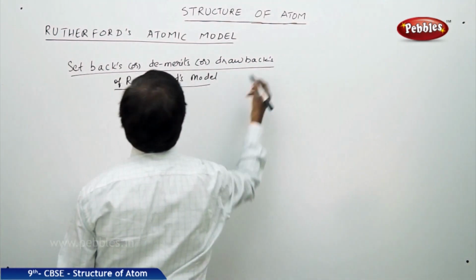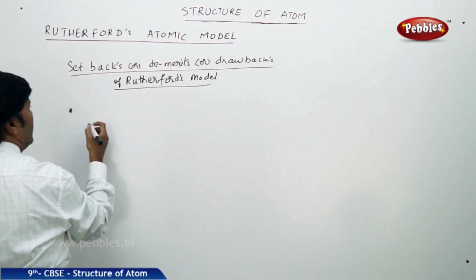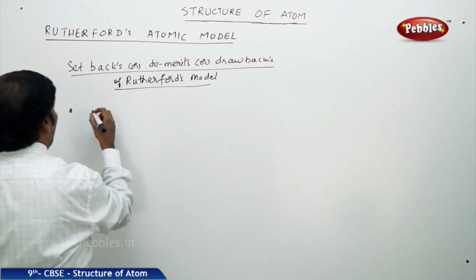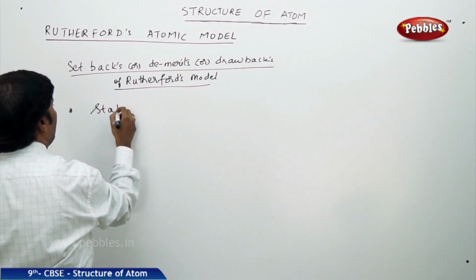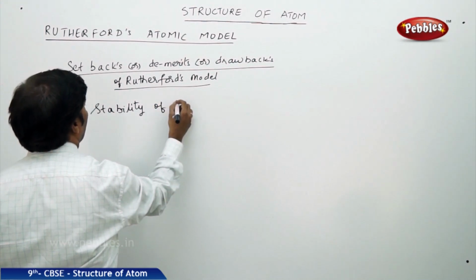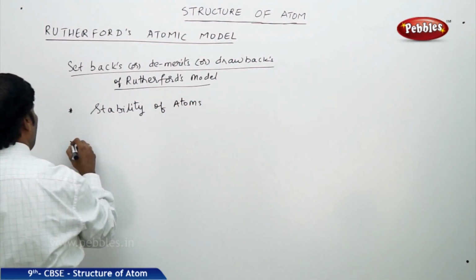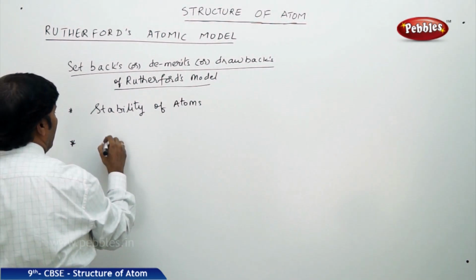Here we are noticing there are two important drawbacks. One is that Rutherford could not explain the stability of the atom. It could not say anything about the stability of atoms, and it could not explain the line spectrum of atoms.